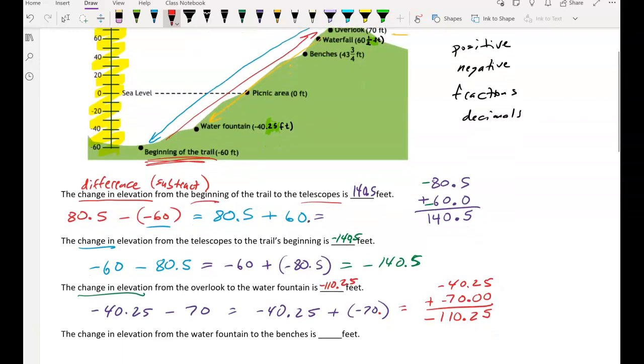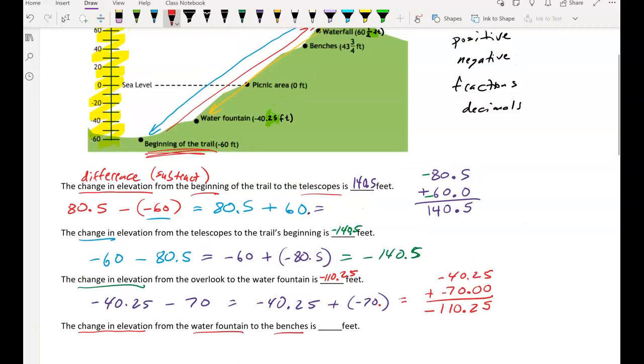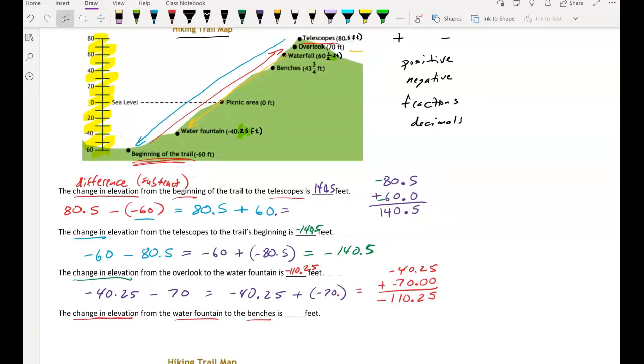Okay. And how about this last one, the change in elevation from the water fountain to the benches. So we are ending at the benches. The benches are at 43 and 3/4. And the water fountain is negative 40.25.